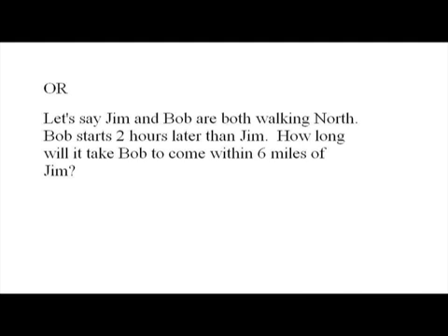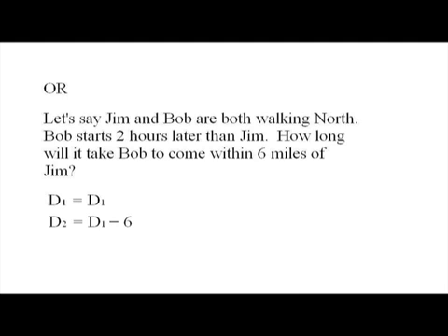Let's say Jim and Bob are walking north. Bob starts 2 hours later than Jim. How long will it take Bob to come within 6 miles of Jim? Jim will represent body number 1 and distance number 1, and d1 equals d1. Bob will represent distance number 2, and as you can see, he is walking 6 less miles than Jim.